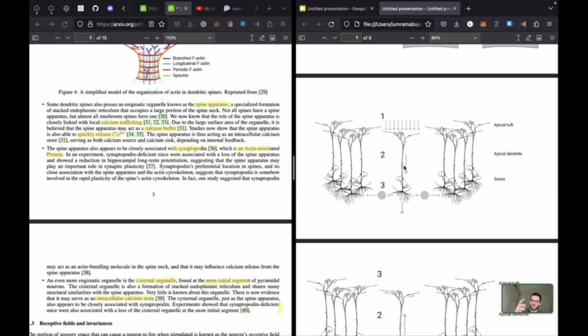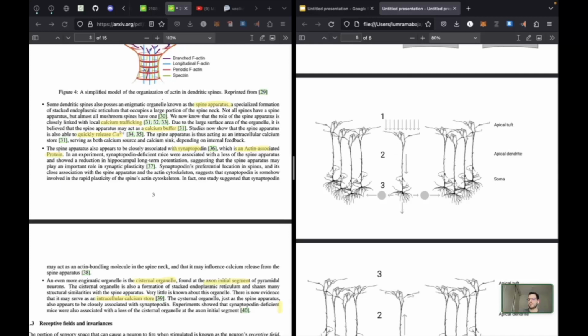Now you have to imagine this as an asynchronous process where every neuron is doing that, and the neuron whose signal first gets to the soma essentially fires first.